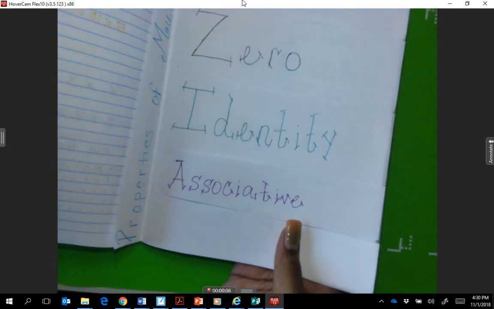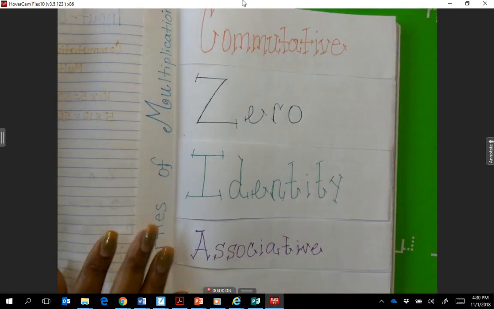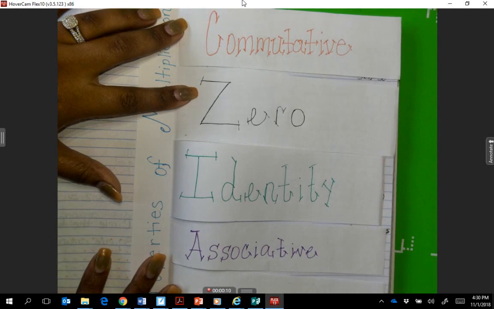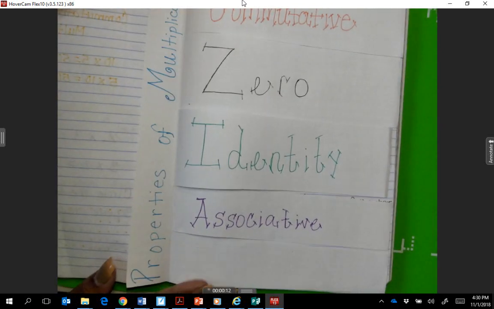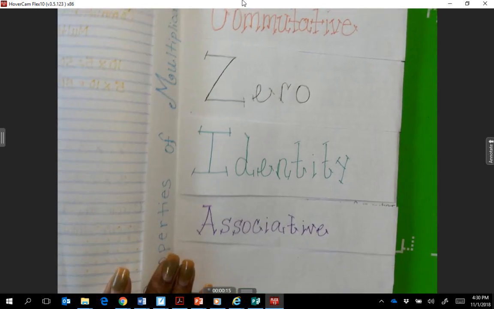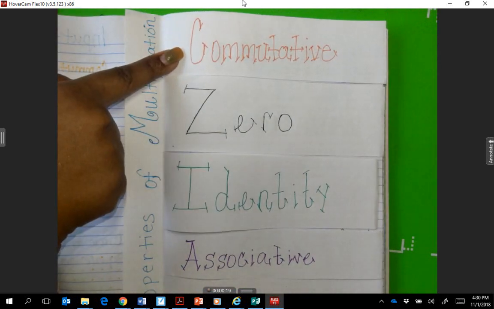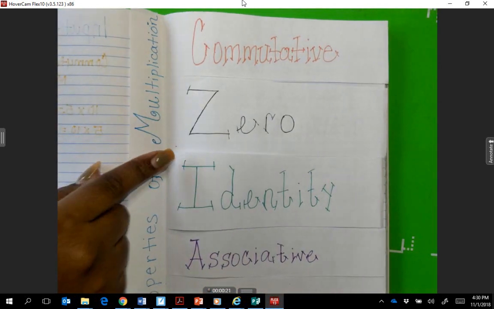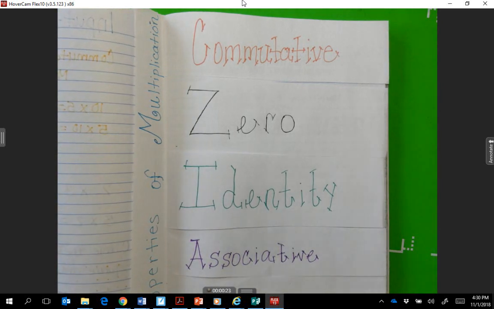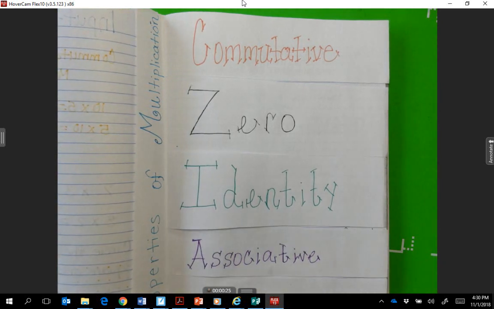Okay, boys and girls, so we are going to again discuss properties of multiplication. So far we have learned about the commutative property, the zero property, the identity property, and the associative property.